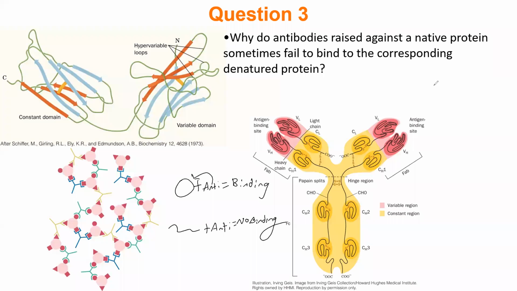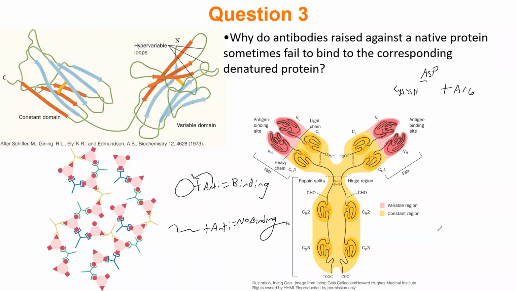So let's imagine that our antibody binds to a pocket that's like arginine, aspartic acid, and, I don't know, cysteine. The protein is not in its native form, might not be functioning properly.